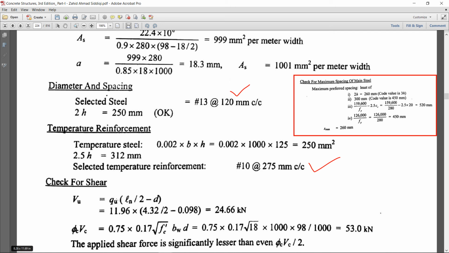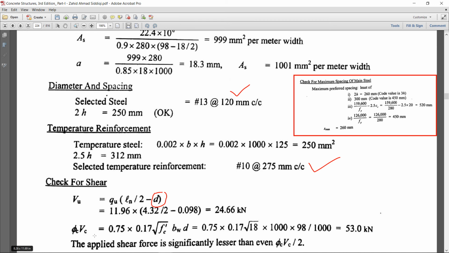So that is q into (L by 2 minus d), and our answer is 24.66 kilonewton. Why have I used d? You can see the previous lecture on design of beam in shear. You got the point why we calculated at d distance, and that is the applied shear.